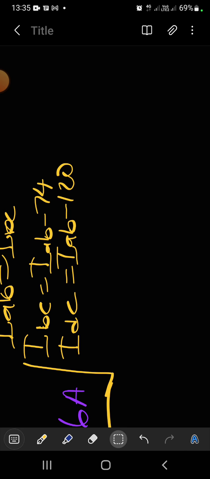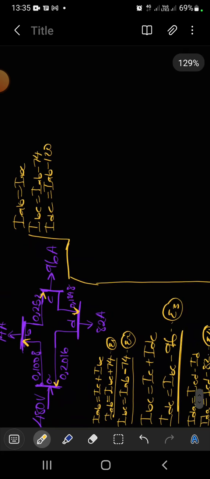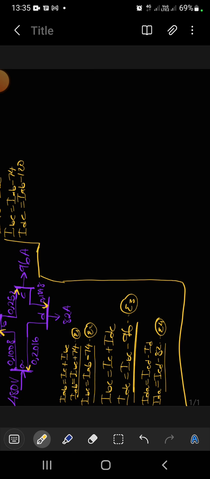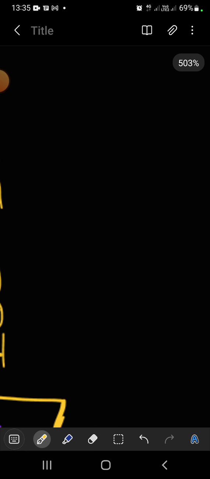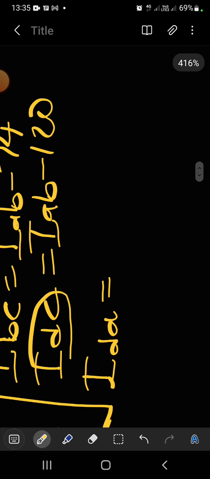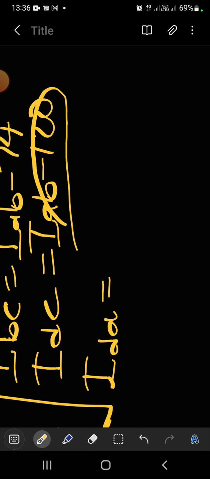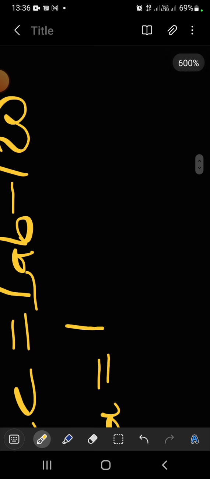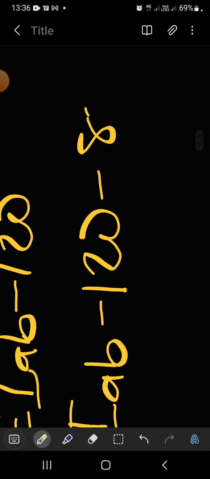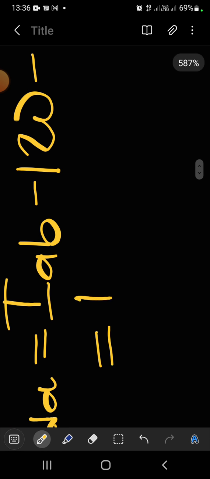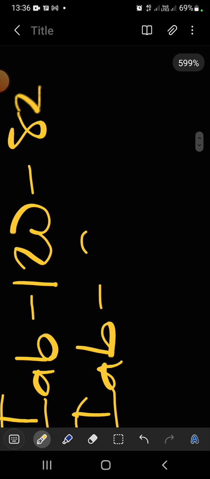Good. Now I'm left with one last current, that is IDA. Our IDA is ICD minus 82, meaning instead of ICD, we're going to substitute IAB minus 170, and then we subtract 82 from that. It's IAB minus 170 minus 82. That should be IAB minus 252.